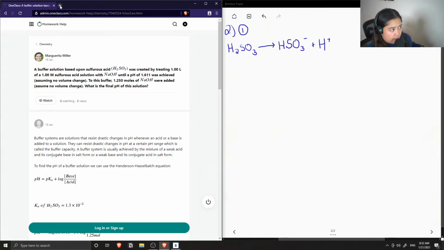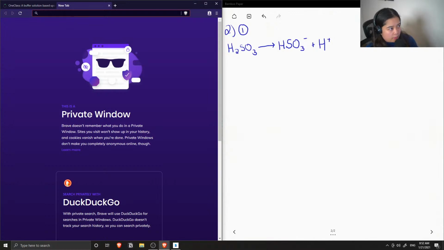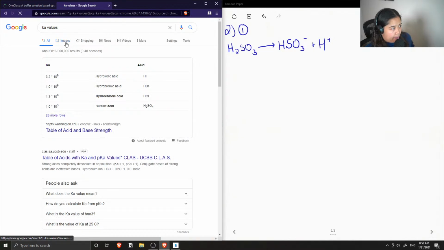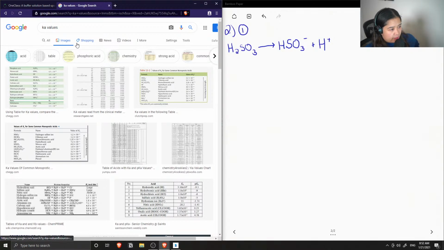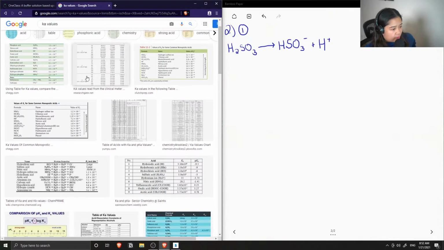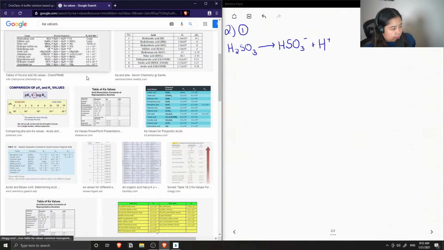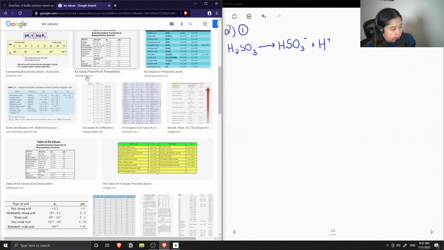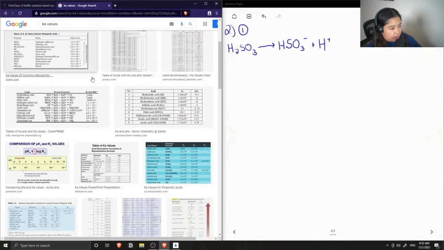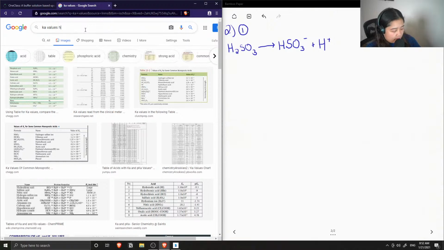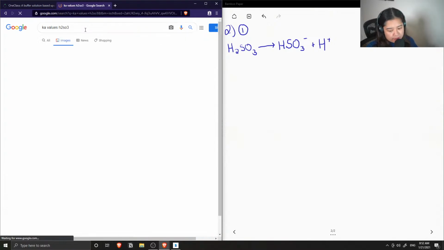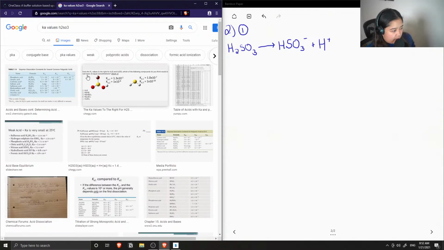So let's search just Ka values. And we can find just like a table. I'll try to be specific. H2SO3.